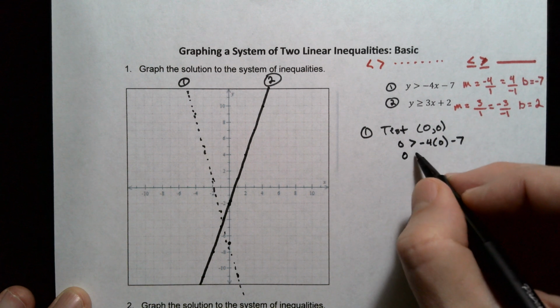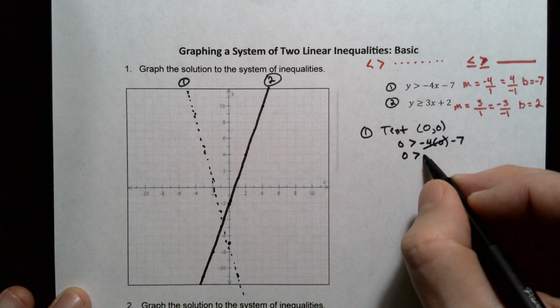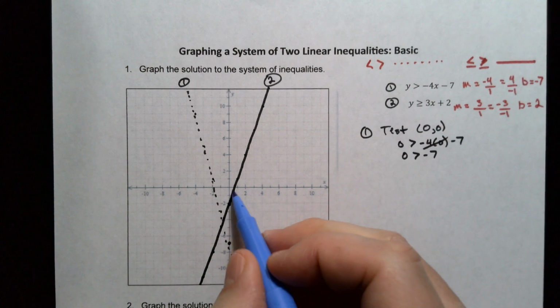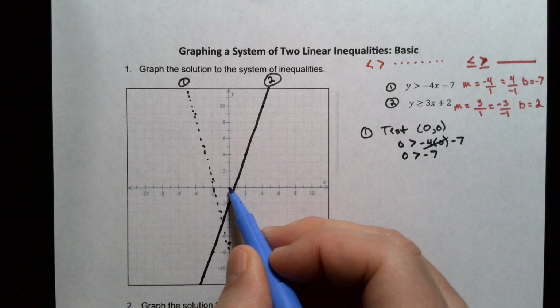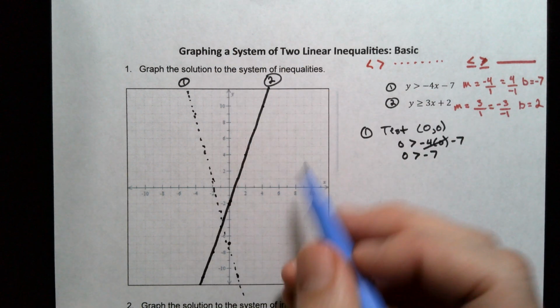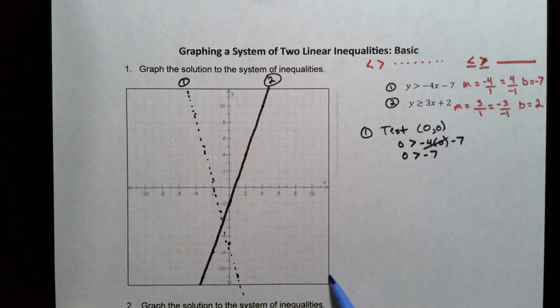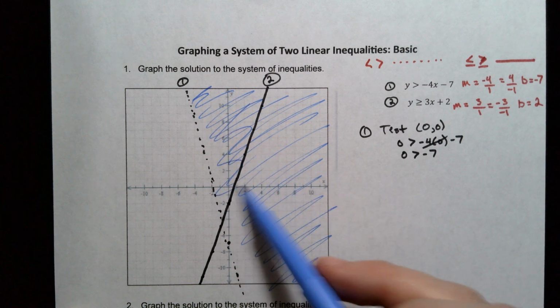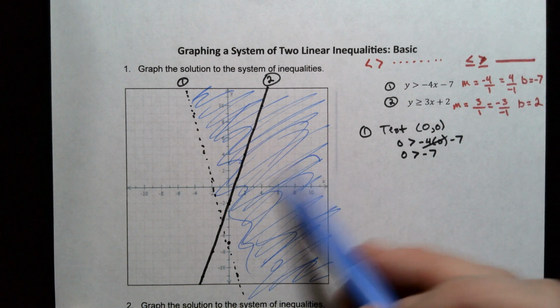So 0 is greater than, this goes away, -7. Is that true or false? That is true. So I will shade on that side. This is 0, 0, so I'm going to shade this side of the dotted line. All of this stuff gets shaded. So that's for line number 1.